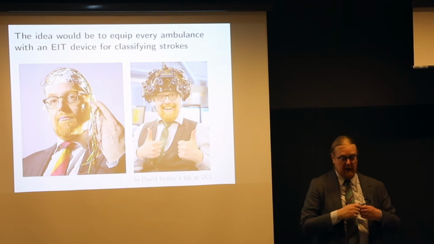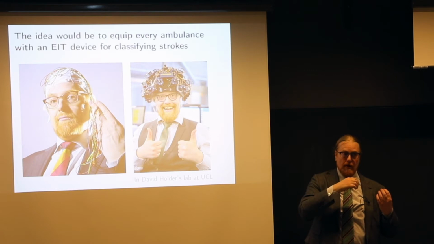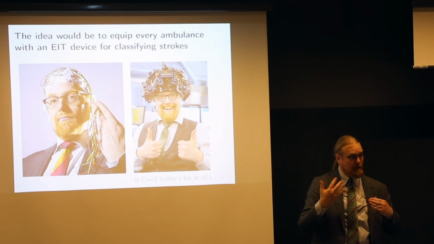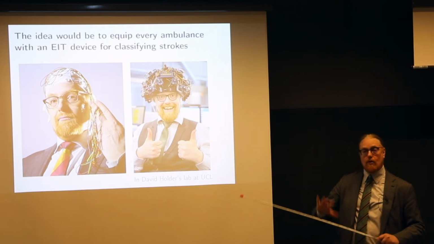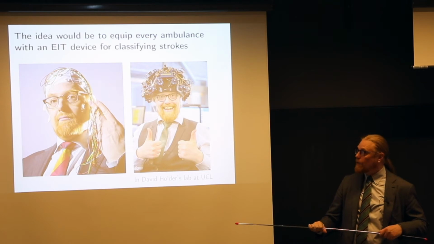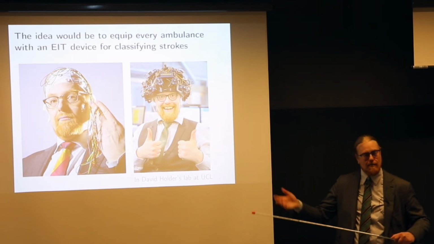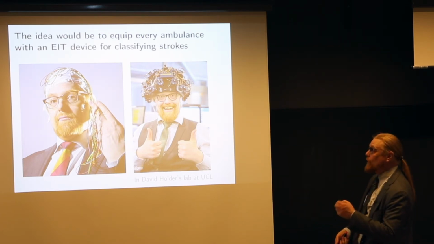But these symptoms are the same for bleeding in the brain and for ischemic stroke, which is a blood clot preventing bloodstream in part of the brain. It would be really important to detect this already in the ambulance instead of going to the hospital and doing a tomography, which of course it's all fine and good because then it can be seen, but it would be nice to see it quicker.